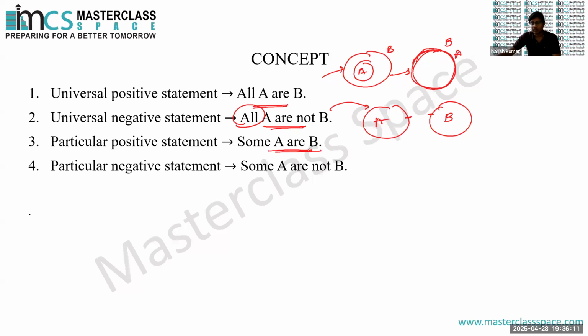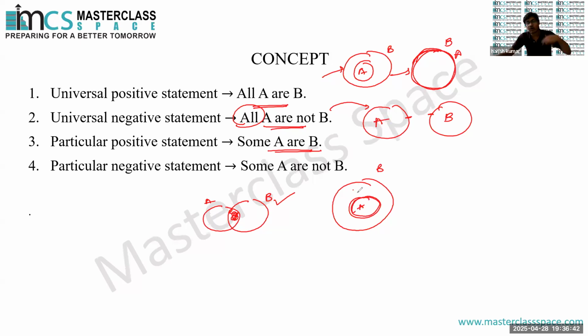Then we have some A are B. Whenever I'm checking for some A are B, I have to just check whether some A are B or not. That means in this case, there are some A which are part of B. So this can be considered, and this can also be considered. There are some A which are part of B. In fact, all A are part of B, so it is fine.